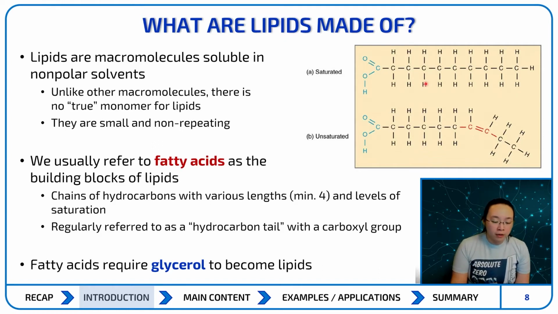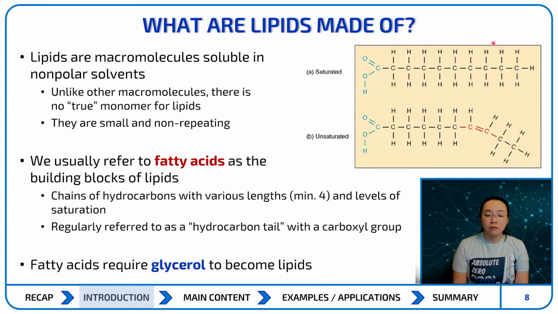They are chains of hydrocarbons, so basically a whole bunch of carbons with hydrogen attached to them with various lengths. You have to have at least four in a chain to be considered a fatty acid. You also have different levels of saturation, and saturation is an important term to know. If you have a highly saturated fatty acid, it means that you have a bunch of hydrogens in your carbon chain.